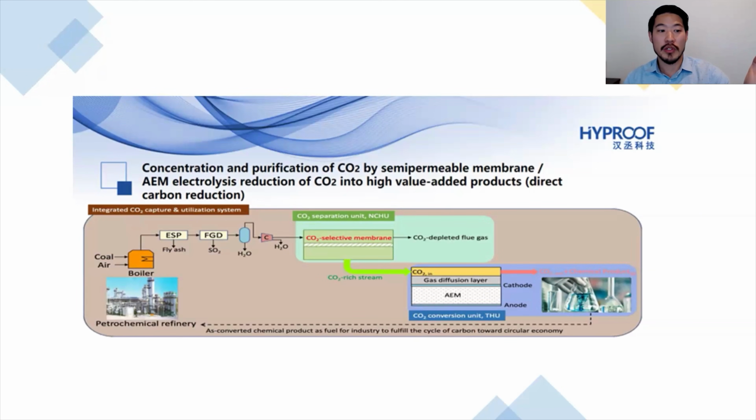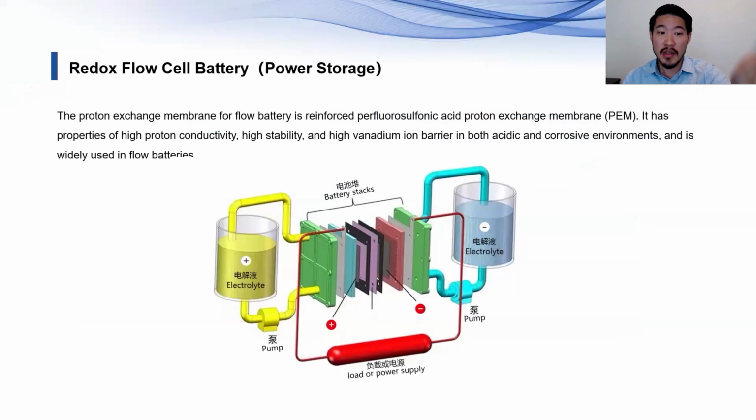Okay, and yeah, please. There are a few other examples where we can use it in other applications in the hydrogen economy. I just want to show on this slide. There are companies who are trying to take carbon dioxide and convert it back into jet fuel. And so you use membranes like that to selectively separate carbon dioxide, in addition to the membranes used for electrolyzers. And then one other thing was just flow cell batteries.